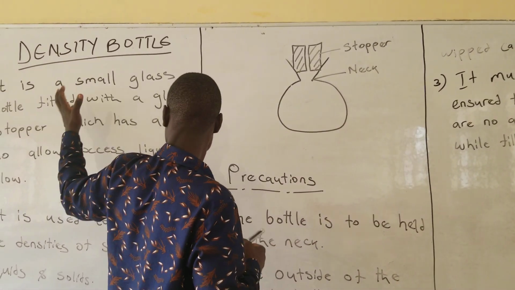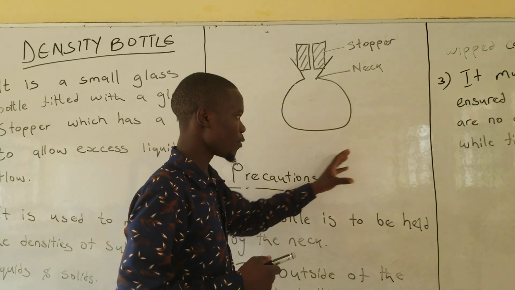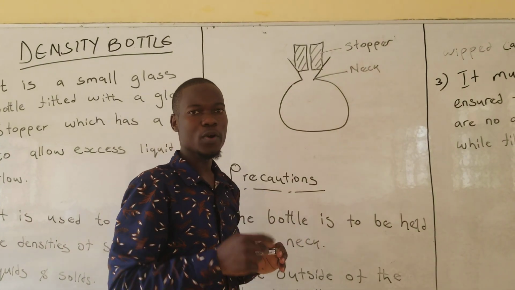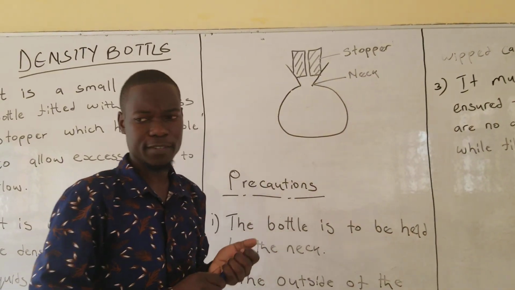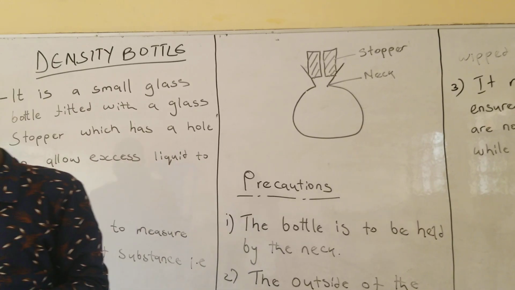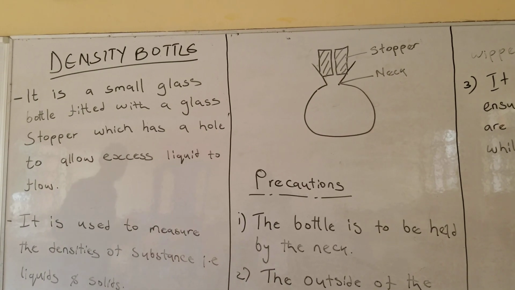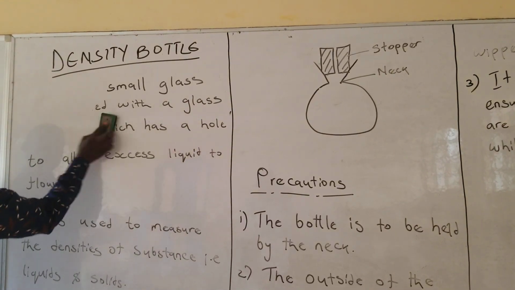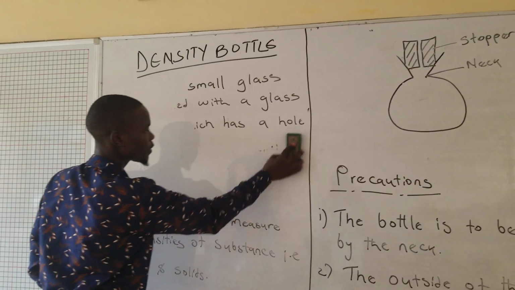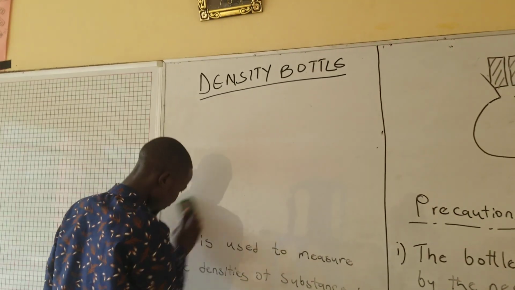So we have looked at the definition, we have looked at what the density bottle is used for, we have looked at the precautions, and therefore I want us to pick only 2 examples from our KLB physics book. Let me write the first example here. I hope you are done with this part as far as copying notes is concerned.